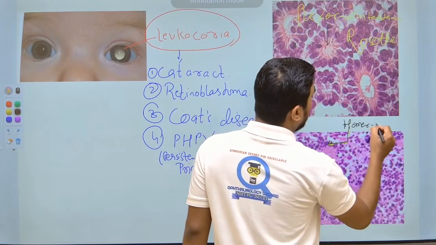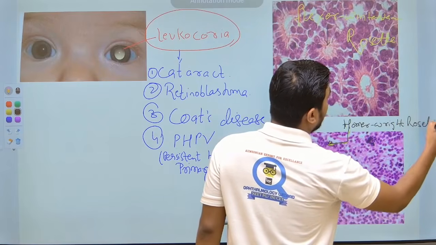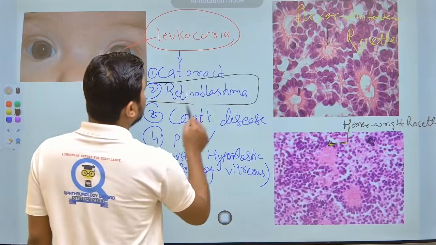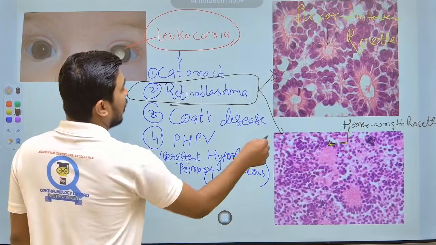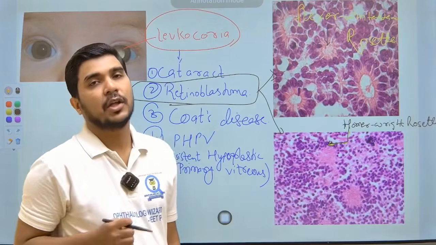So in retinoblastoma, we find these two types of rosette, right? Other than that, pseudo rosette is also found in retinoblastoma.